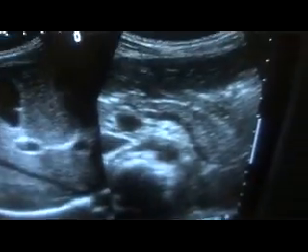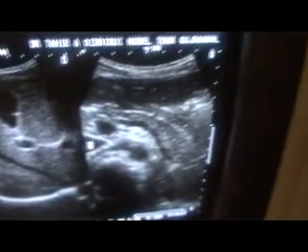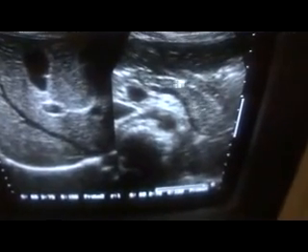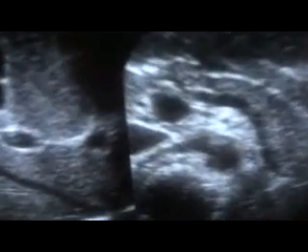So this is the liver, and this is the pancreas. This is the liver, this is the diaphragm, this is the hepatic vein, this is the pancreas, this is the splenic vein, this is the superior mesenteric vein, this is the aorta, this is the gallbladder. Now see the echogenicity.